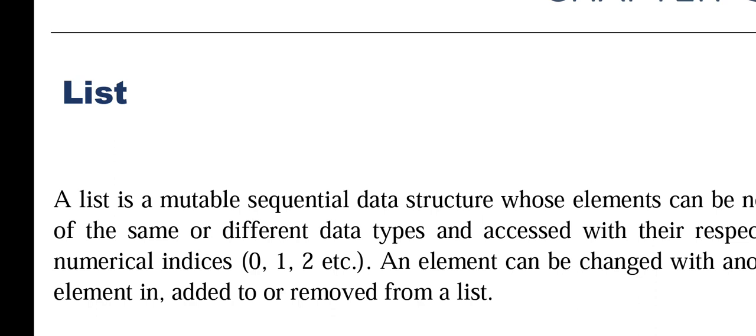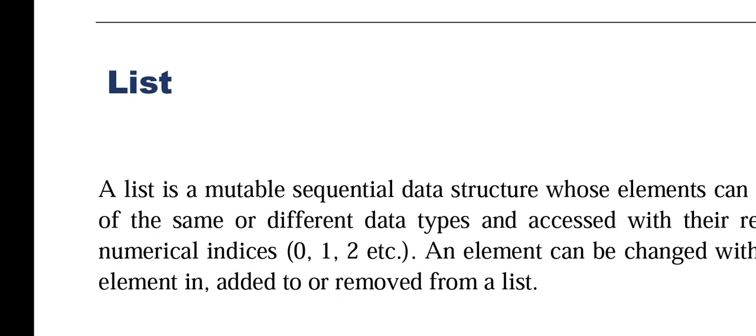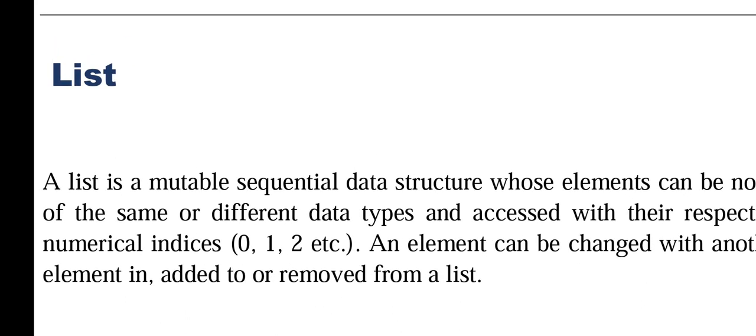But in the case of a list, a list can be modified, can be changed. So the operations carried out on a list can actually change the original list. This shall be noted, please. So that is why a list is mutable.